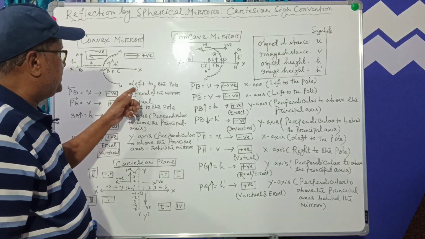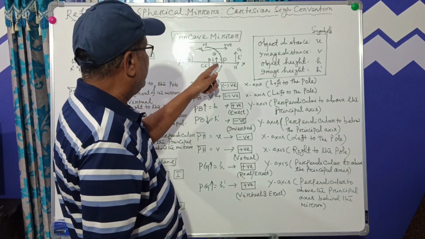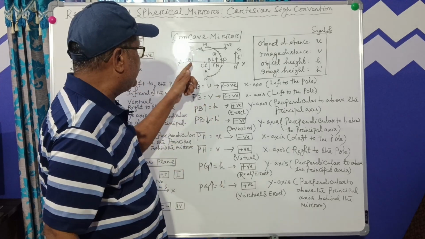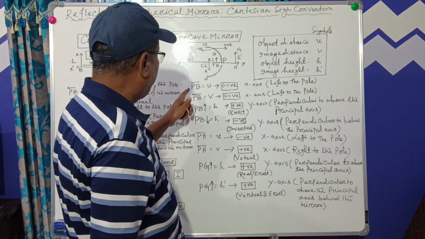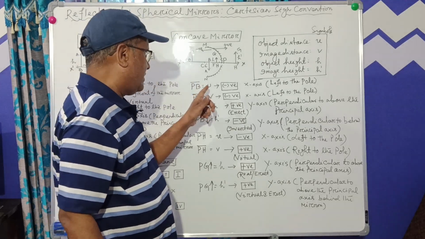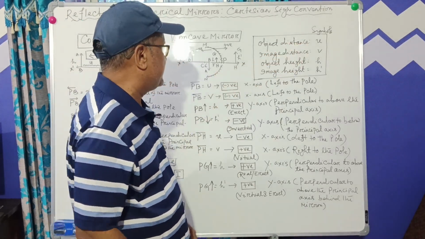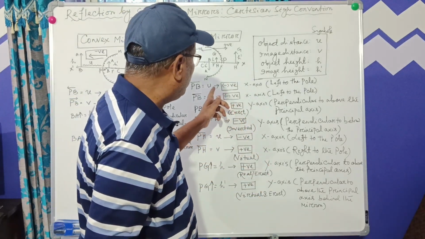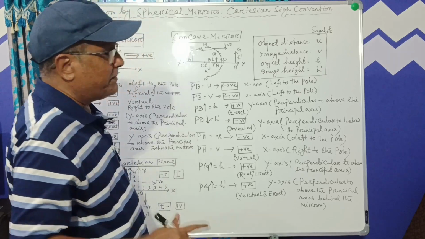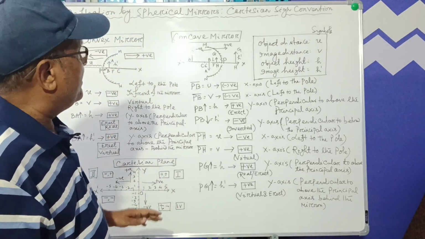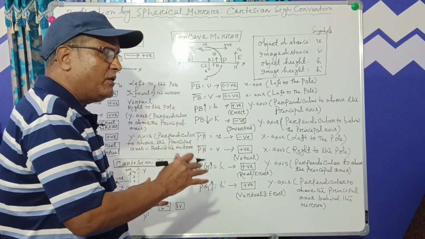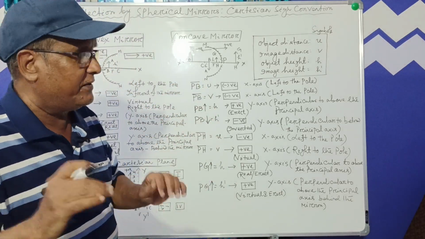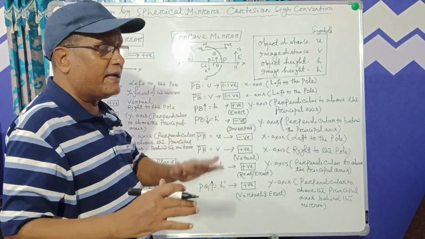You see, PB is to the left of the pole. The object is placed at point B, so PB is called the object distance. So that is negative, and u is taken negative here. But remember one thing: whether it is a convex or concave mirror, the object is always placed in front of the mirror, so object distance is always taken as negative.